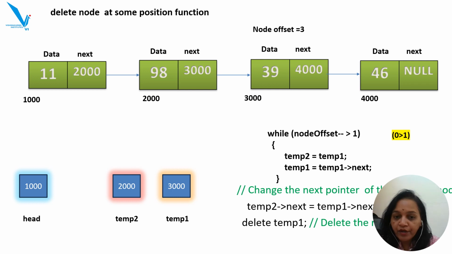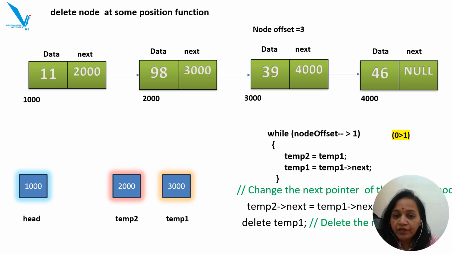Temp2 is pointing to second node, temp1 is pointing to third node, and what you have to do, temp2 of next is equal to temp1 of next. Now see, temp2 of next क्या है, 3000 है, उसमें आपको क्या डालना है, 3000 की जगह पे temp1 of next, temp1 of next क्या है, 4000 है. Means what, here temp2 of next में 3000 की जगह आपको 4000 का वैल्यू डालना है.